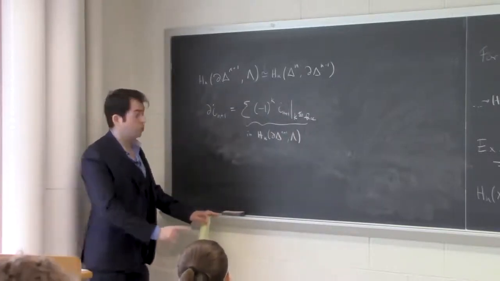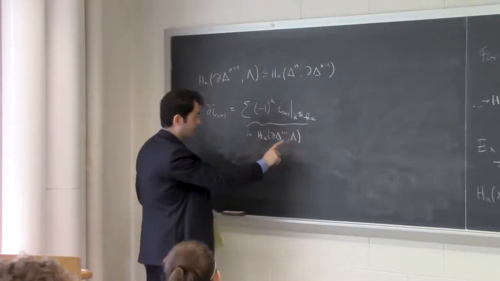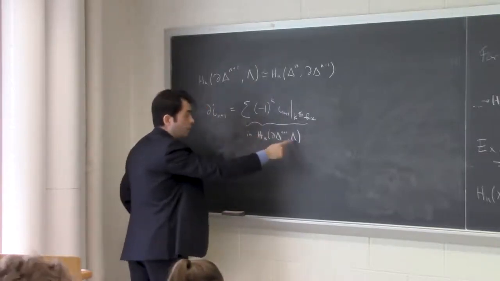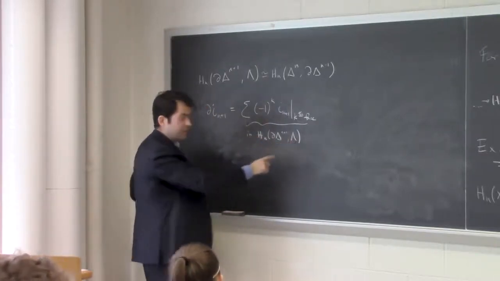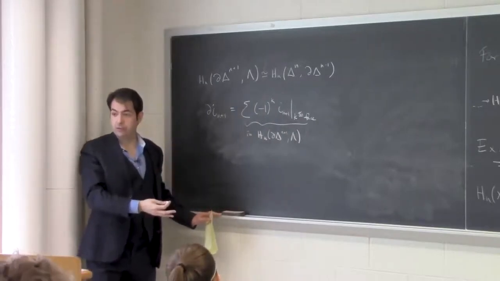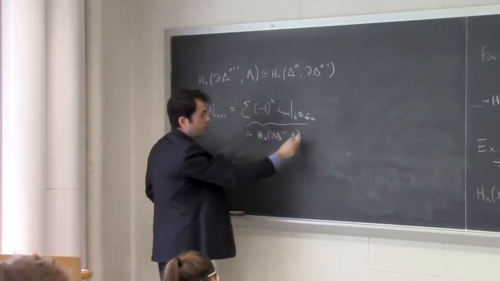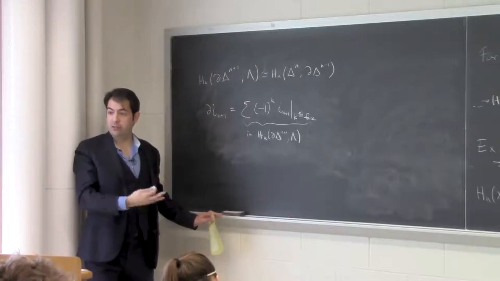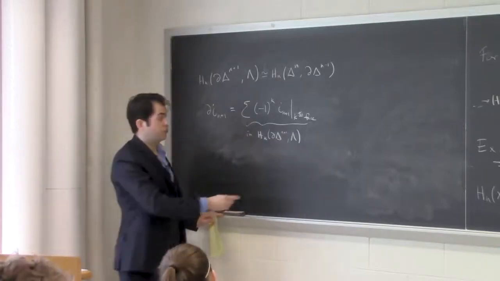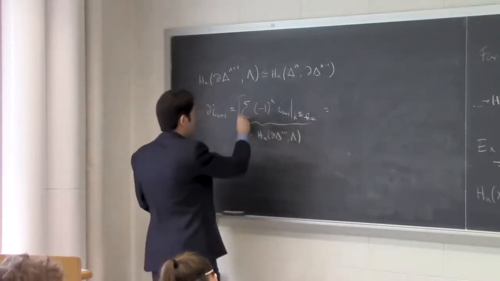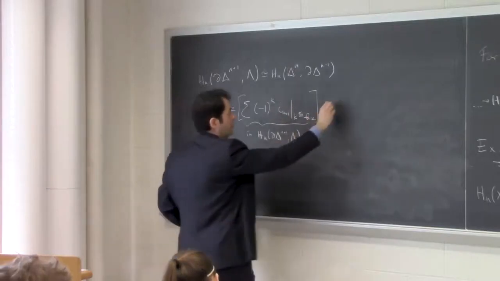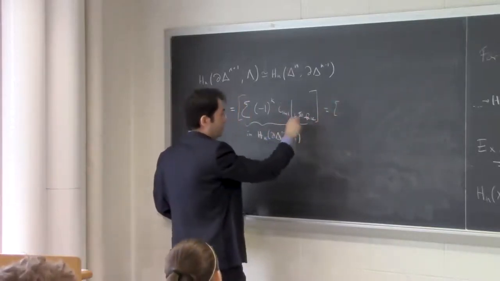So what happens in here? Well, we're modding out by everything except for the last face. Right? So all of these faces don't matter until you get to the last one. Right? So in here, let's say the equivalence class in here is equal to the last term.